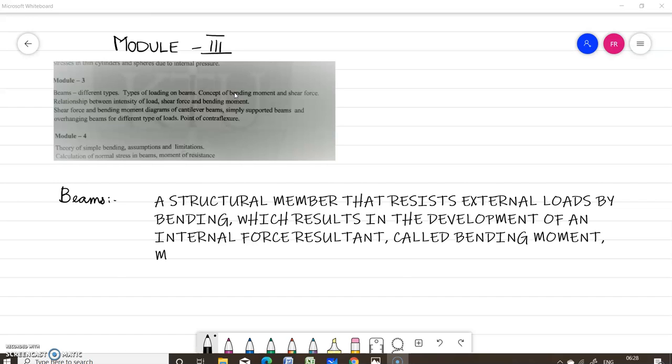So all of you know that we come across various structures in our day-to-day life, ranging from simple structures like the curtain rods and electric poles to complex ones like multi-story buildings, shell roofs, bridges, dams, heavy machineries, automobiles, aeroplanes, and ships.